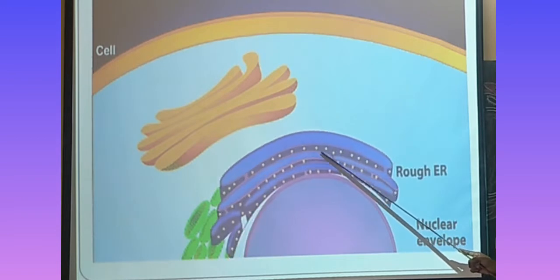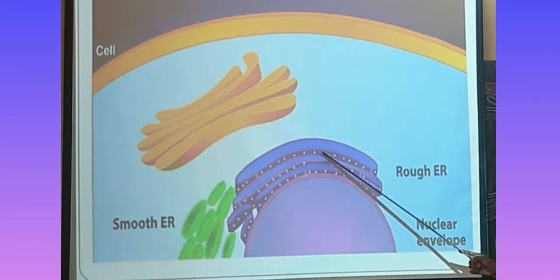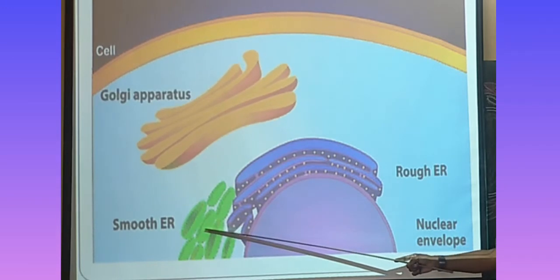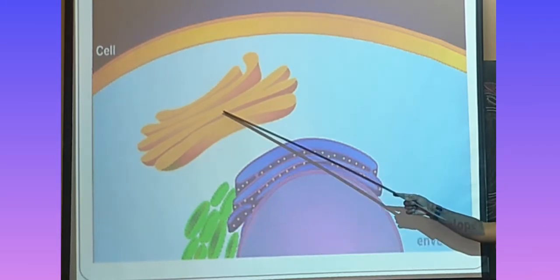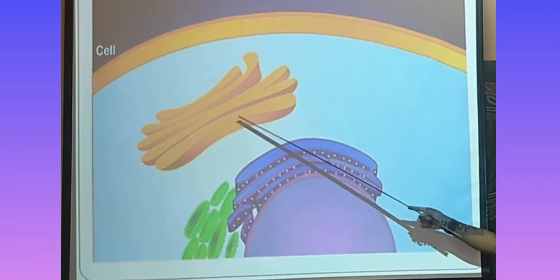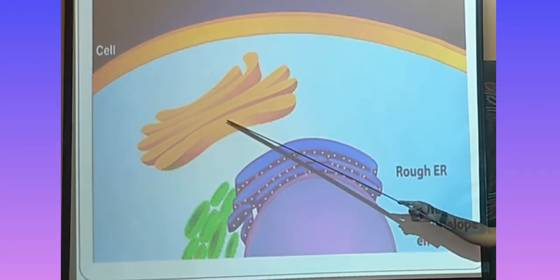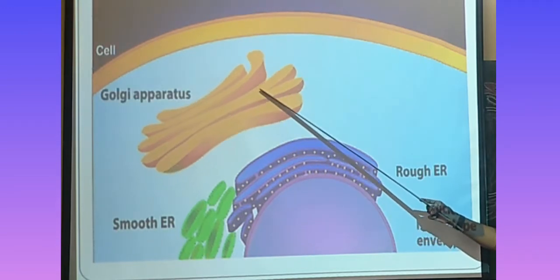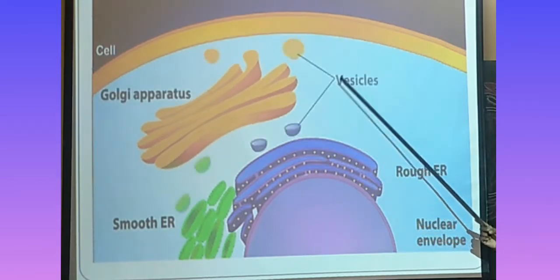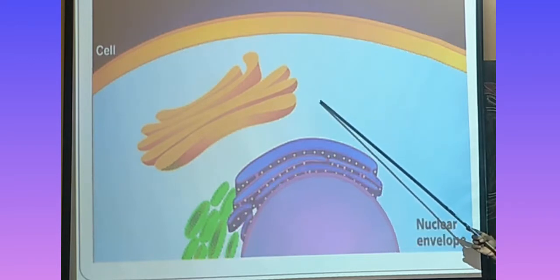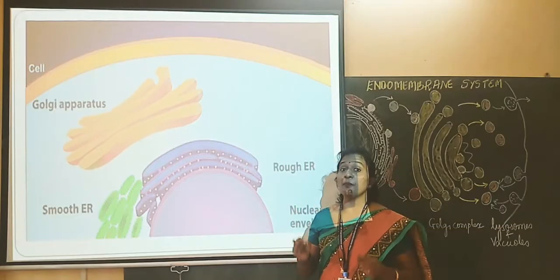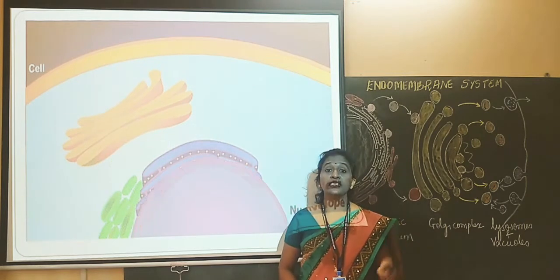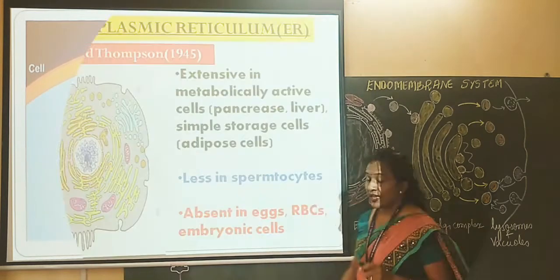There are two kinds of endoplasmic reticulum: rough and smooth. The Golgi apparatus is associated with the endoplasmic reticulum, and from the Golgi apparatus, lysosomes and vacuoles will be formed. So that is the endomembrane system present throughout the cytoplasm in the eukaryotic cell.